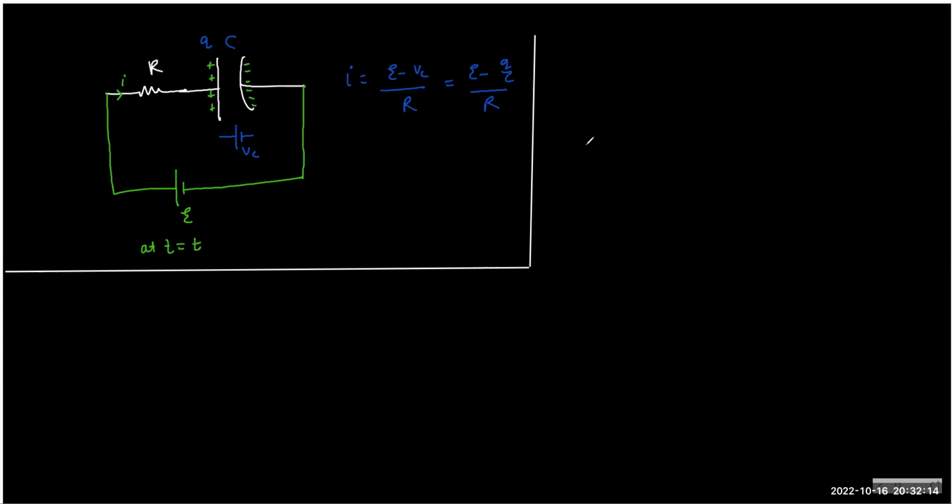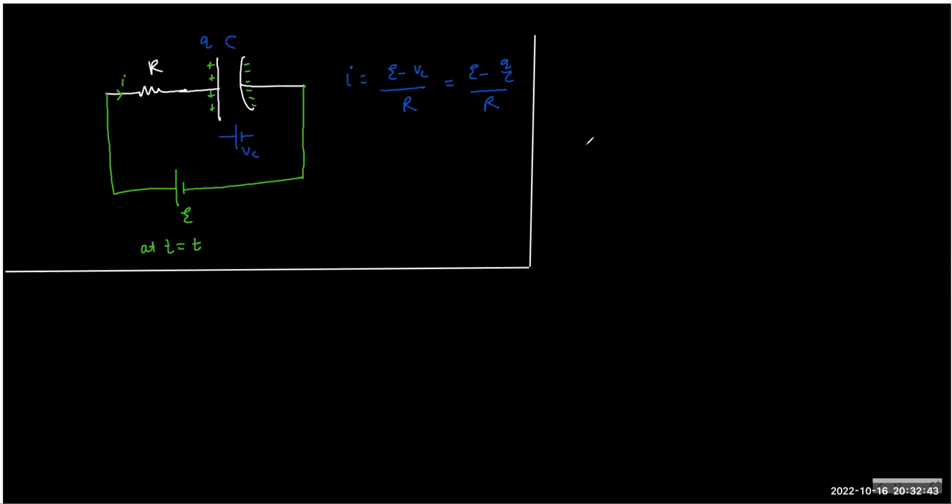See, a capacitor can take much more charge than what it is taking right now. I'm saying a cell cannot give infinite charge. A cell, with its force, can only give up to a certain value of charge. If I bring a stronger cell, let's say I replace E by 2E, what will happen?